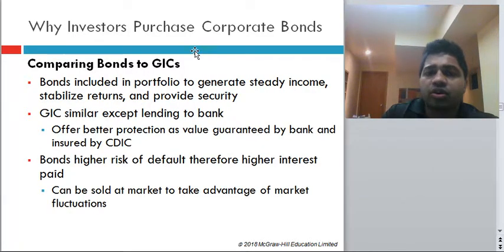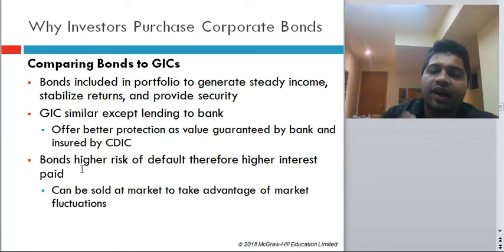Now comparing bonds to GICs, guaranteed investment certificates that are issued by banks. Bonds are included in a portfolio to generate steady income, stabilize returns and provide security. A GIC is similar except banks issue it, but it provides more protection as the value is guaranteed by the bank and it is insured by CDIC.